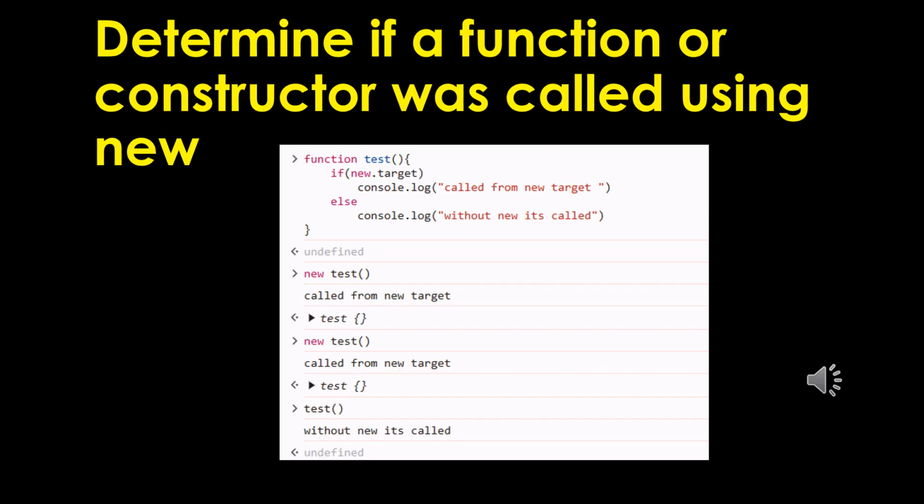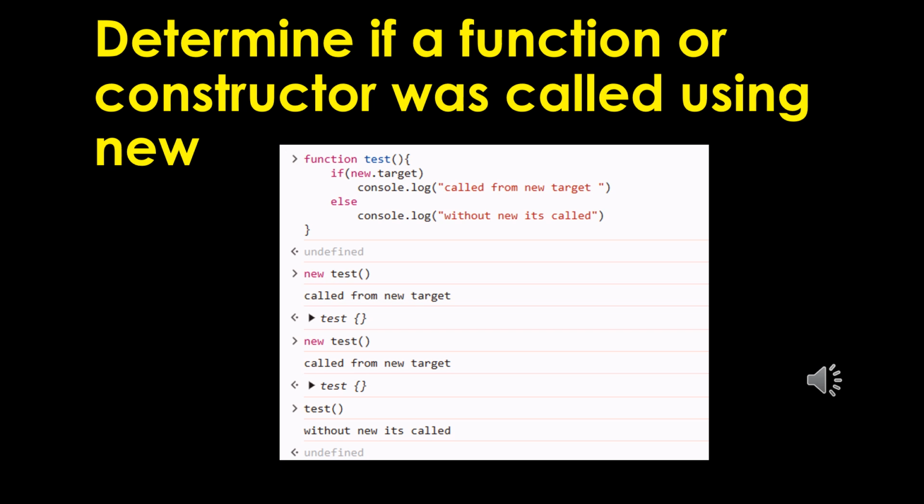Determine if a function or constructor was called using the new operator. So we have a function test, and we are checking new.target: if it is there, then it is called from new target, otherwise it is called without the new target. So we are now calling this test function using the new operator, new test, so it is called from new target.